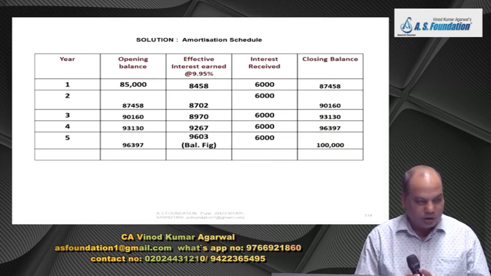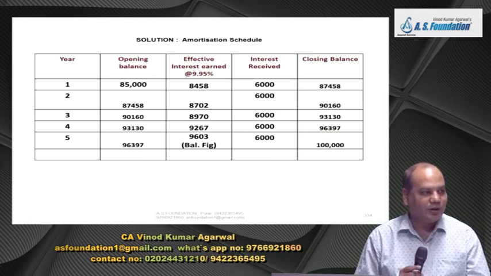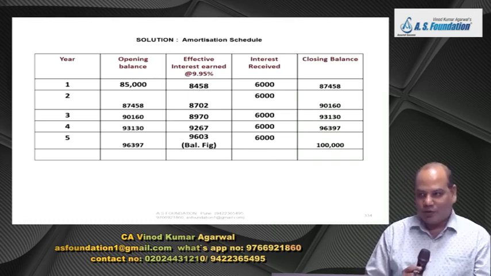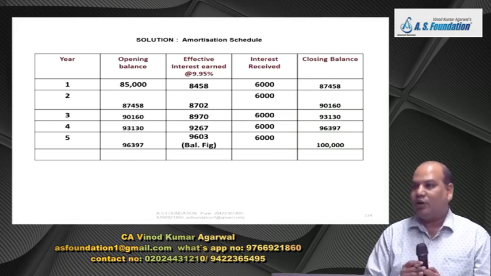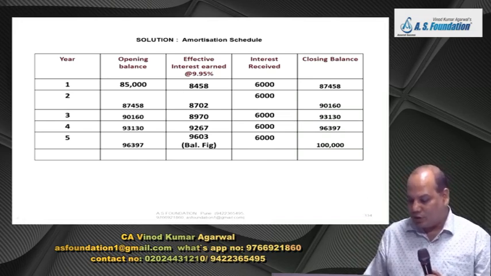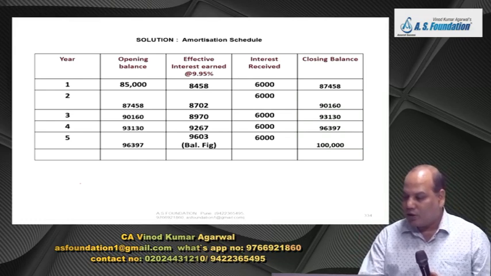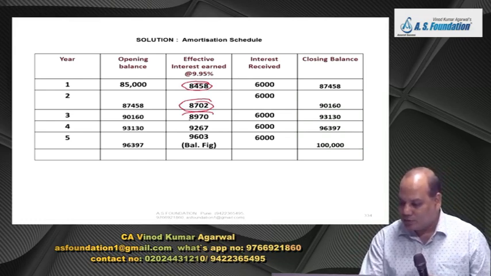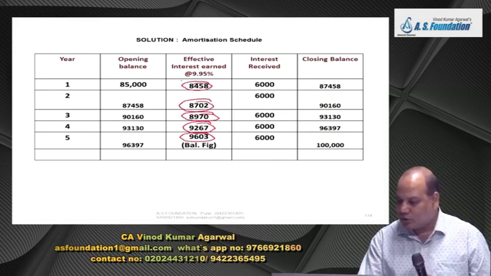Now we will pass journal entry for first year only. Sir, why not second year? Because they have not given the fair value of second, third, fourth, and fifth year. Is it right? But in all the 5 years, just for understanding, while writing the interest entry, you will take interest income from this table.